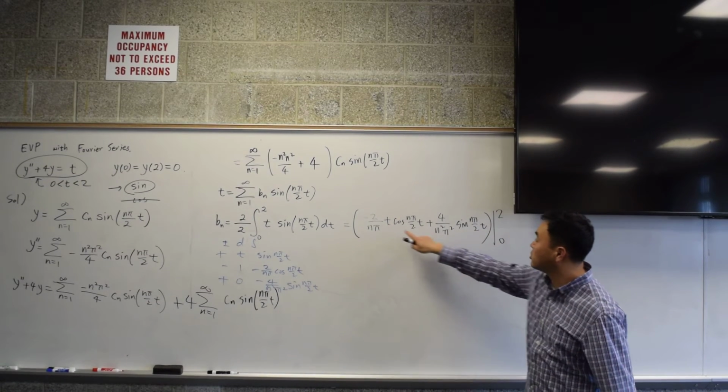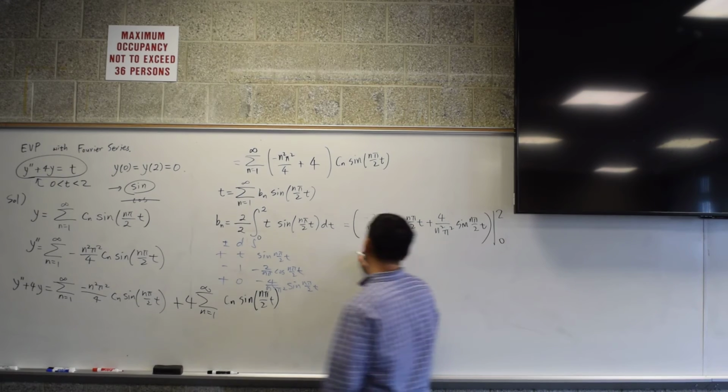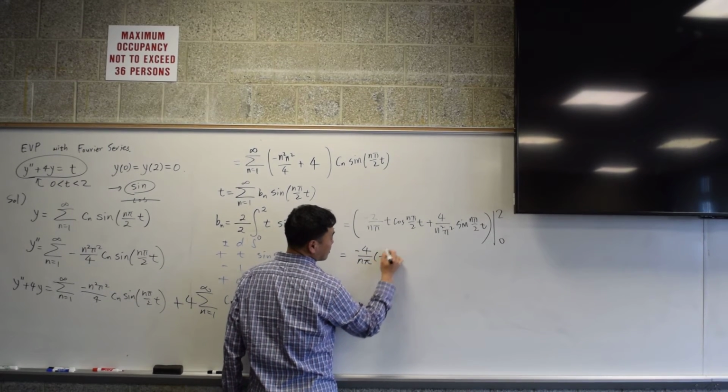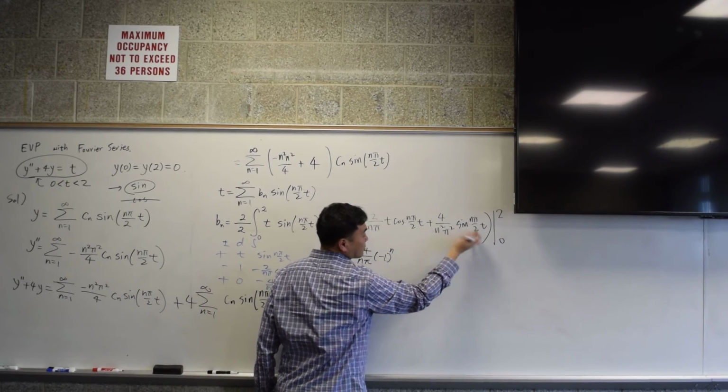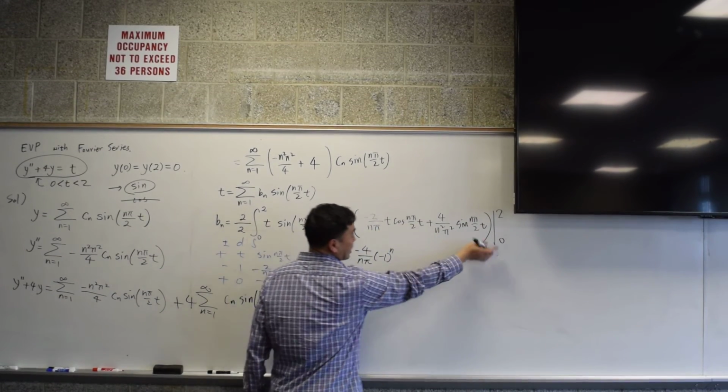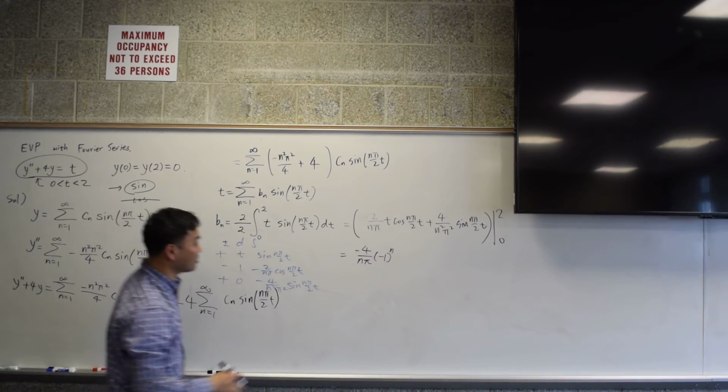When you plug in 2, you get negative 4 over n pi times negative 1 to the nth power, and in the second term you get sine n pi, which is 0. When you plug in 0, 0 times anything is 0, sine of 0 is 0, so this is the only thing that you get.